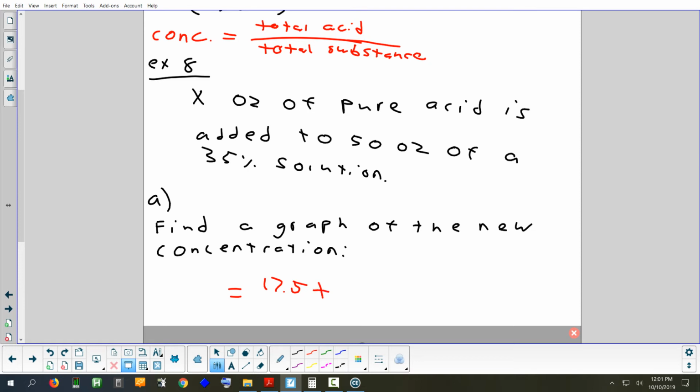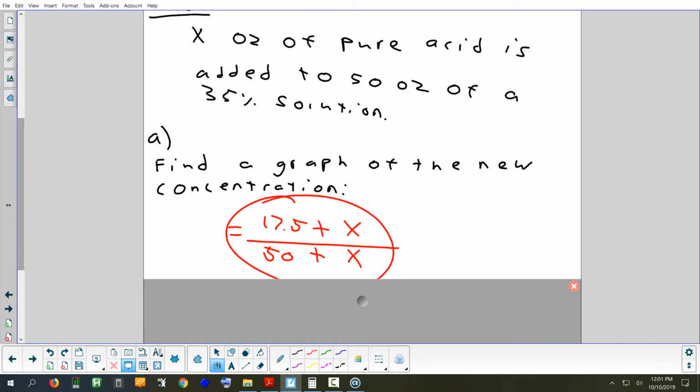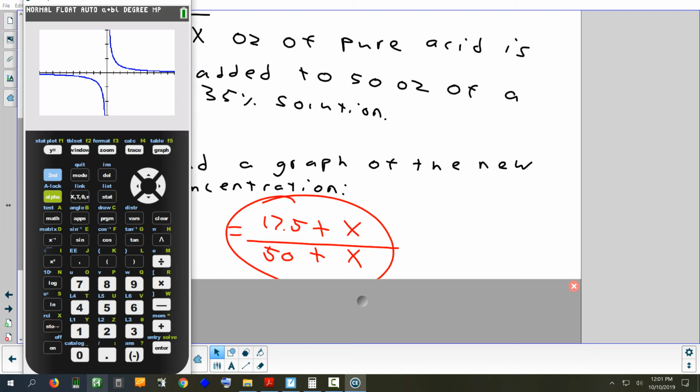Plus, how much acid am I pouring into it? X. That's how much acid I will have over the total. How much liquid is sitting in front of me before I add anything to it? 50. Plus X. And I'm plussing X. Yeah. That's a graph of your concentration.